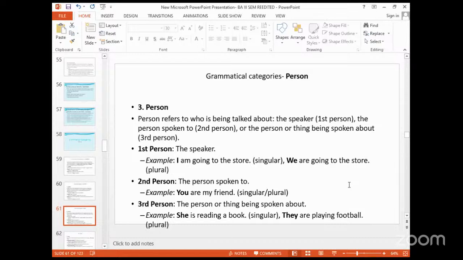The three different persons recognized in English are the first person, the speaker; the second person, the person being spoken to; or the person or thing being spoken about is the third person.